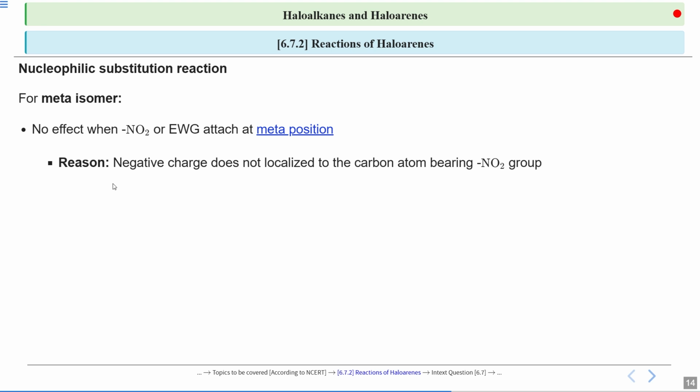So when the negative charge comes after the attack of nucleophile, the carbanion forms after the attack of nucleophile, that negative charge does not localize on the carbon atom which is bearing the NO2 group in the meta isomer case. So when the nitro group or electron withdrawing group is present at the meta position, at that carbon the negative charge is not localizing.